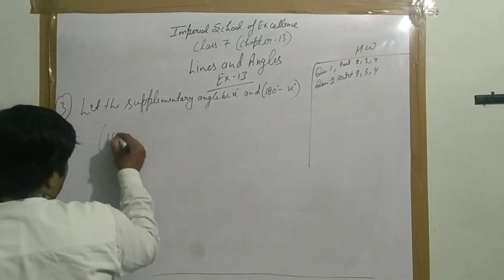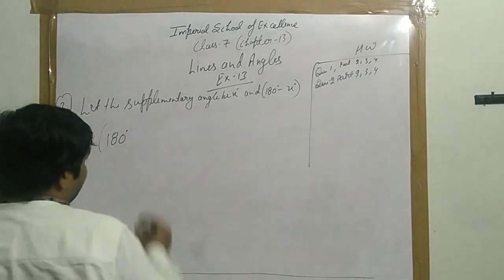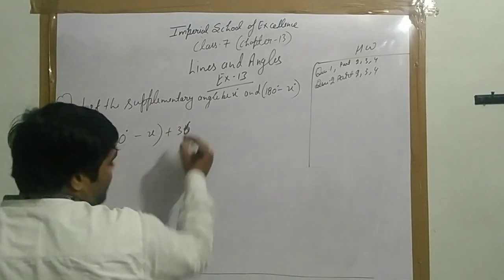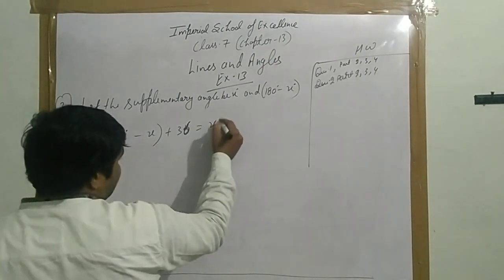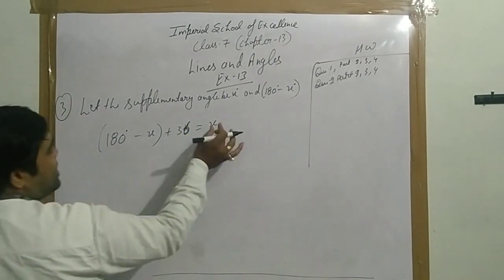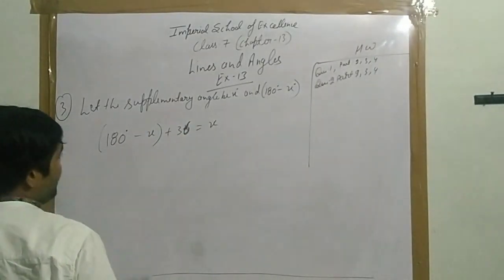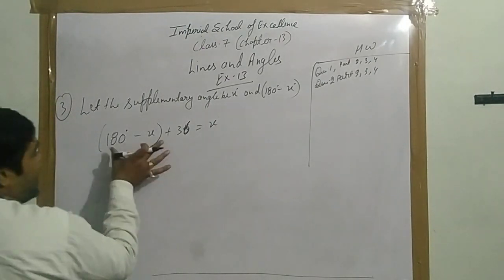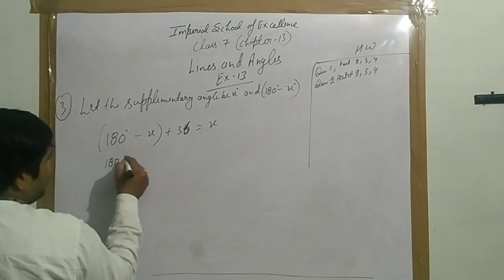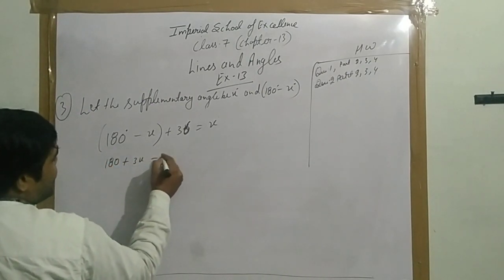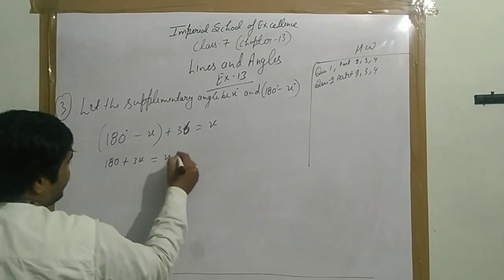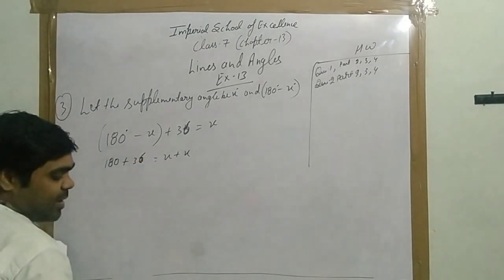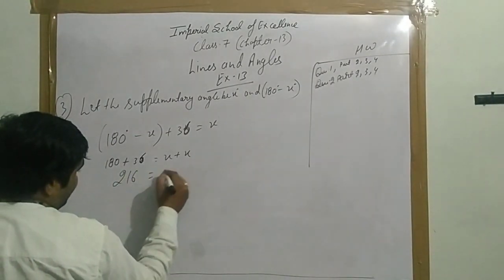180 degrees minus x, plus 36, equals x degrees. This is your smaller angle and this is your larger angle. So 180 minus x plus 36 equals x. Moving x across, 180 plus 36 equals x plus x. 180 plus 36 is 216, equals 2x.